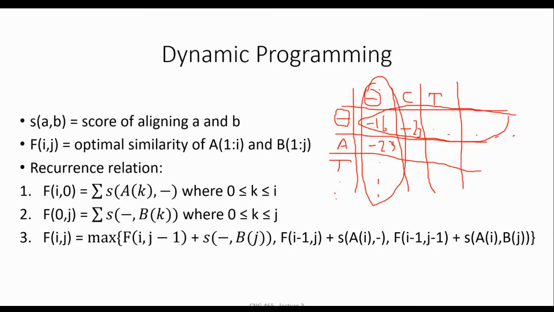But the main part is related to this third relation. And this is very important for us, how we can find it. So for each one of these cells, we should calculate it ourselves by knowing the values of the first column and first row of this matrix. This is the formula that they use in dynamic programming.